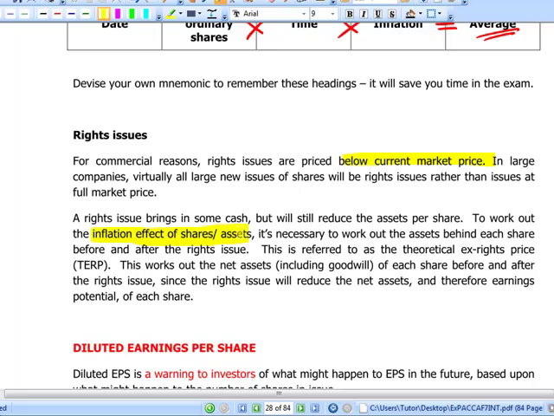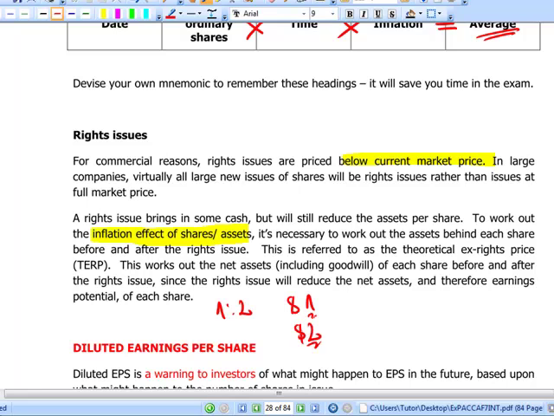What I mean is, if you issue 1 for every 2 shares held, and the share price that you're asking is $1, but the share price on a stock exchange is $2, you are giving half of the share for free, or you are giving up half of the potential money that you can generate.